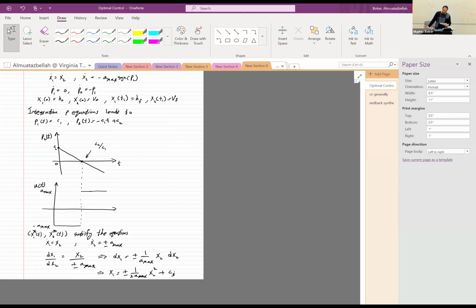So the final cost is not going to be 0, right? Because the final cost is T1, and T1 obviously is not going to be equal to 0. It's going to be some minimum, but it's never going to be 0. So the final cost is not going to be equal to 0.